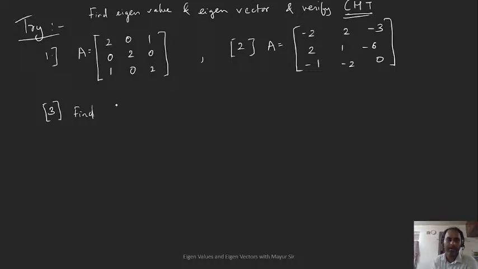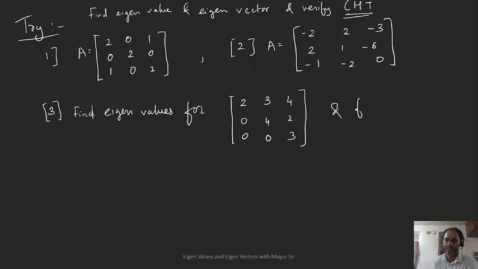Find eigenvalues for 2 3 4, 4 2 0, 0 0 3, and for A square minus 2A plus I. You can try this, and if you want more, the max you can do here is find e raised to A.